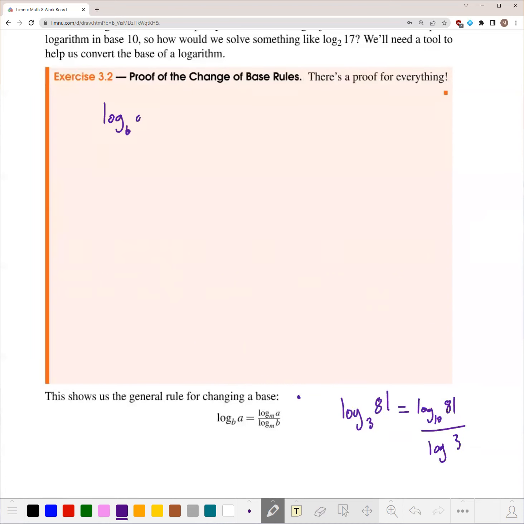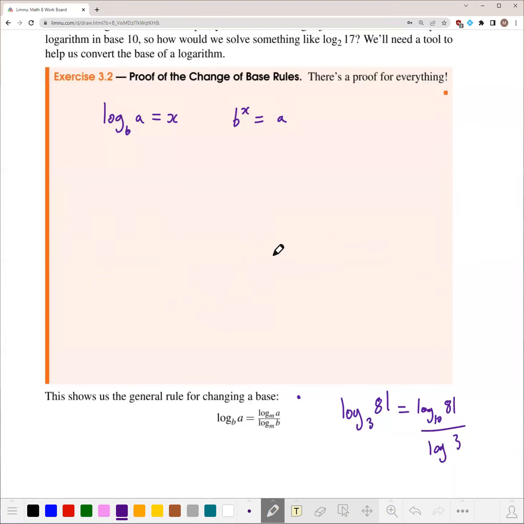So if I've got log base b of a, let's say that equals some quantity x. If I want to rewrite this in exponential form, what we're saying is b to the power of x is equal to a. Okay, great, I guess. I just made x more complicated. But here's a really nifty thing we can do in algebra, and that's perform the same operation on both sides.